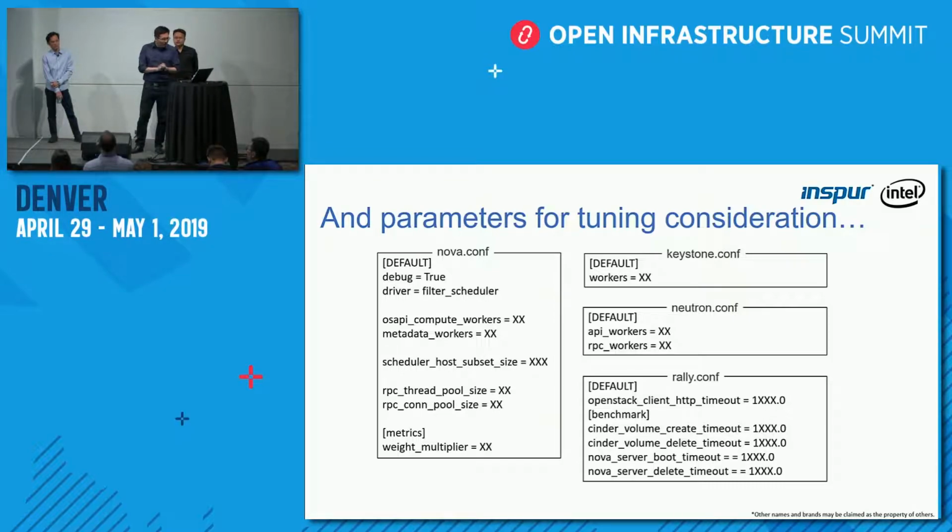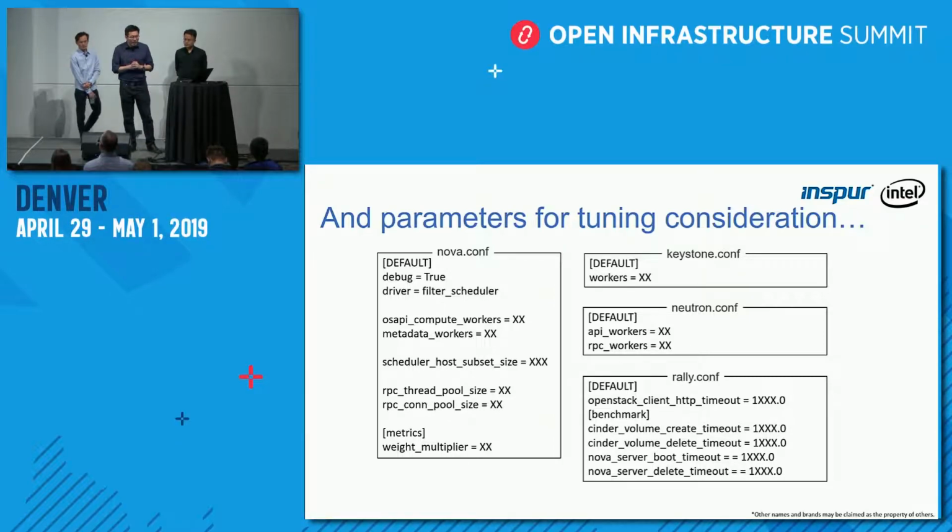For more performance results and tuning results, you are welcome to contact us or visit the Intel booth. And by the way, we are performing a larger scale test, bigger than this cluster. Maybe we can share this detail in Shanghai.